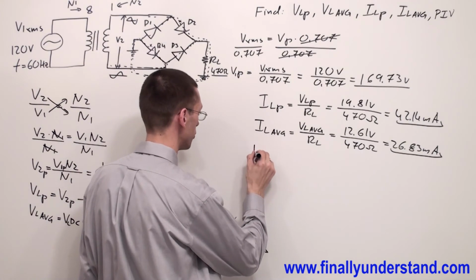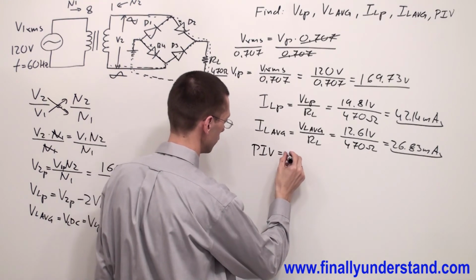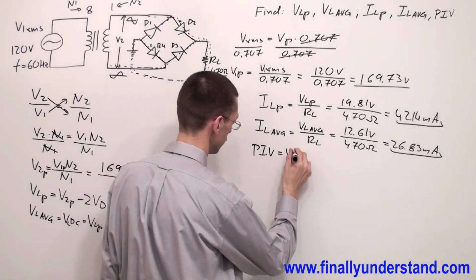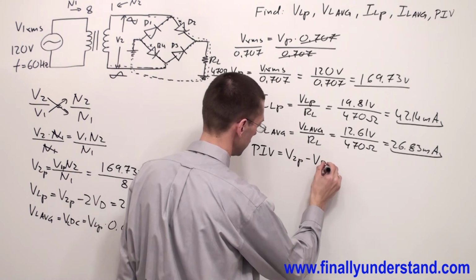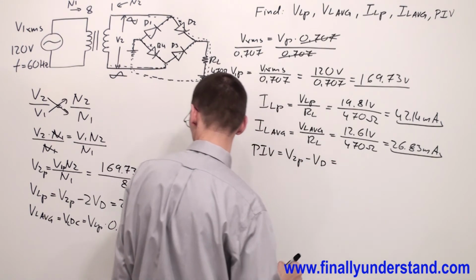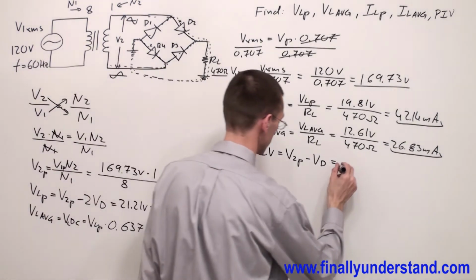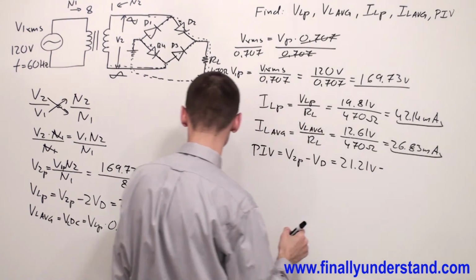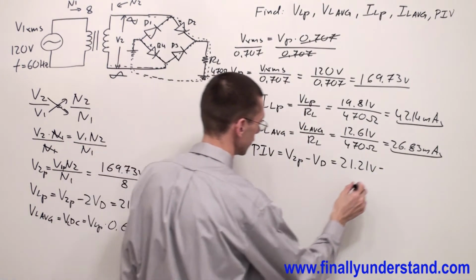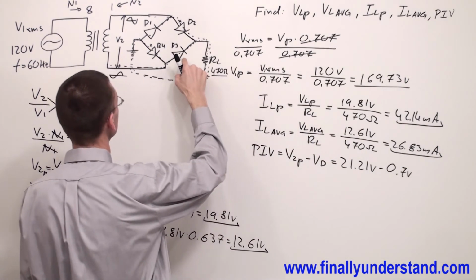Next we have to find PIV, which is peak inverse voltage, and the formula for it is V secondary peak minus VD, which is equal to V secondary peak, 21.21 volts, minus 0.7 volts, because I'm using silicon diodes.